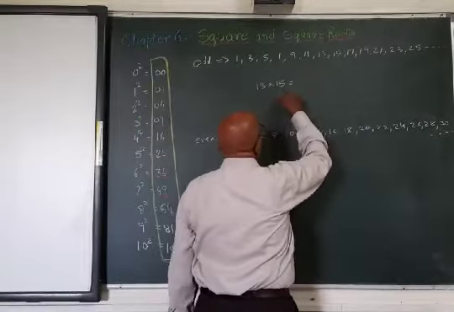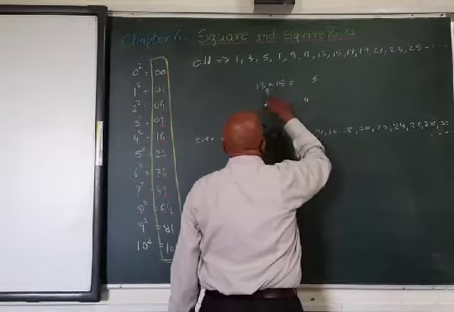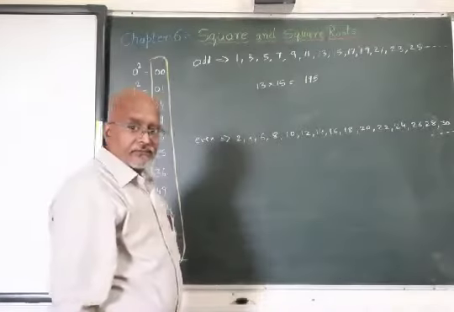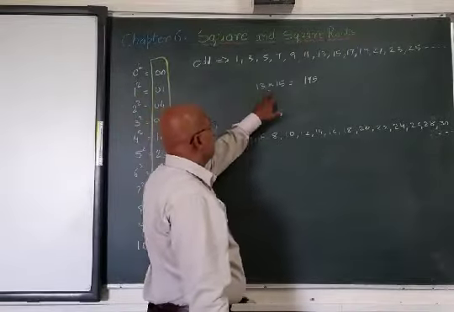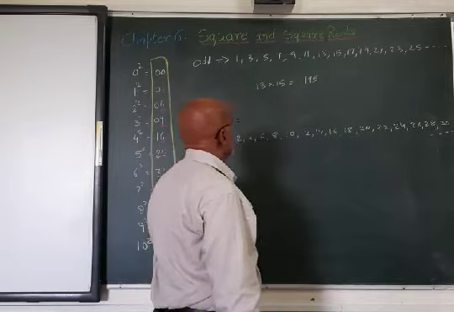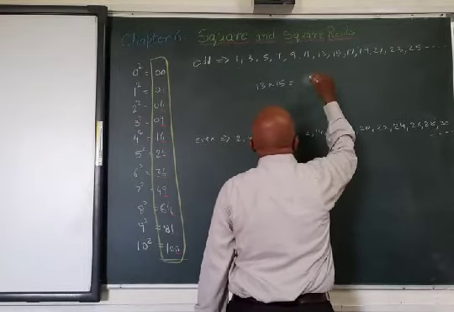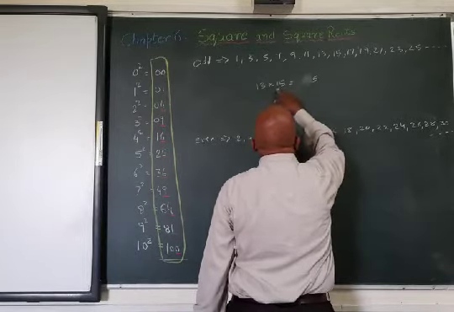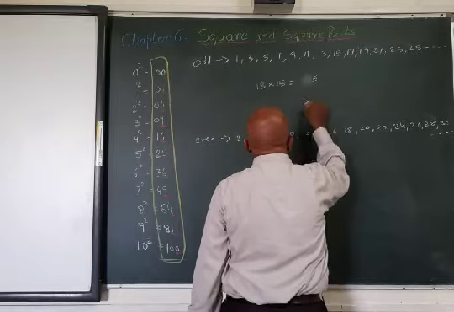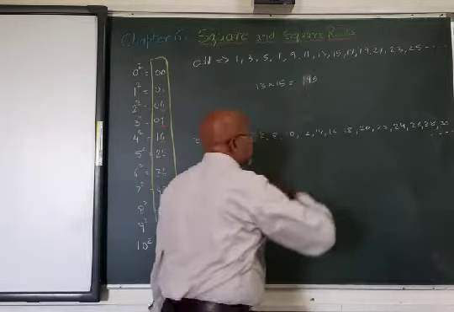If I multiply these, 5 threes are 15, 5 carry over 1, 5 ones are 5 and 1, 6. Sorry, a mistake I have done. 13 fives are 65, 6 is there, and 13 ones are 13 and 6 is 19. 195.